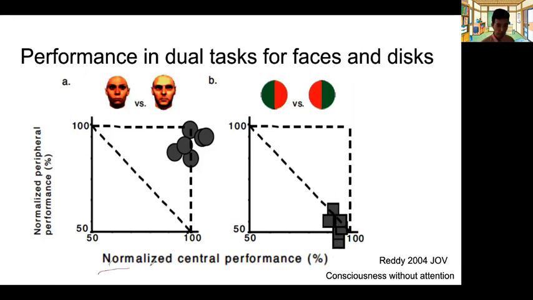Again, I just say that the x-axis is always normalized, okay? The y-axis is normalized. So 100 corresponds to 70% and so on. And both tasks, face gender discrimination and disk tasks, are equally difficult at 70% when performed as a single task.